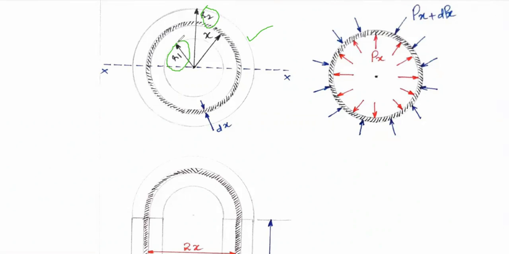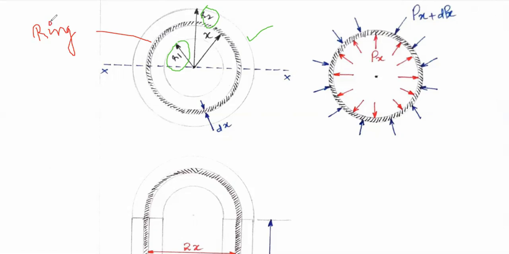So it is a hollow cylinder, and it is a case of a thick cylinder where R by T ratio is less than or equal to 10. So the inner radius is taken as R1, outer radius is taken as R2. Then I have considered an element, a ring element. So this is the ring element, or you can just call it a ring.